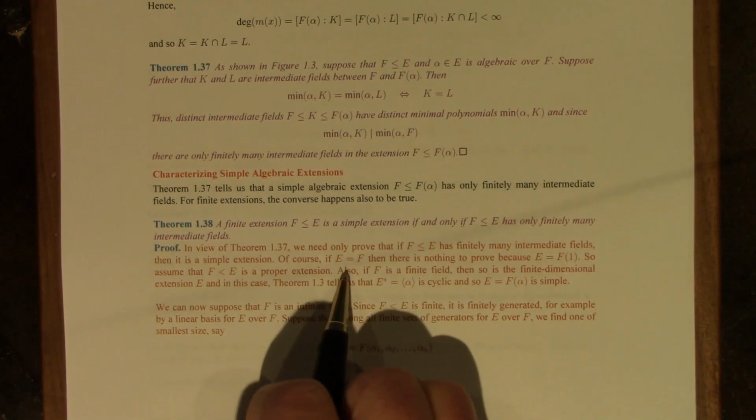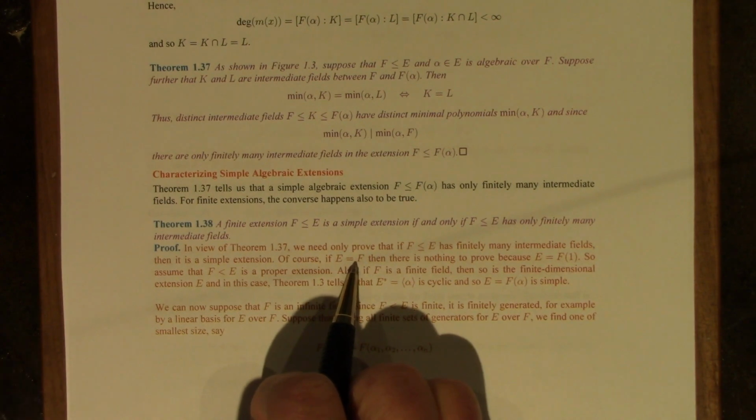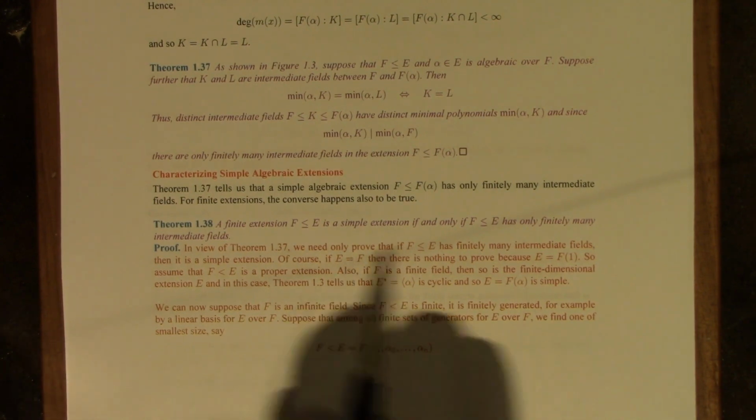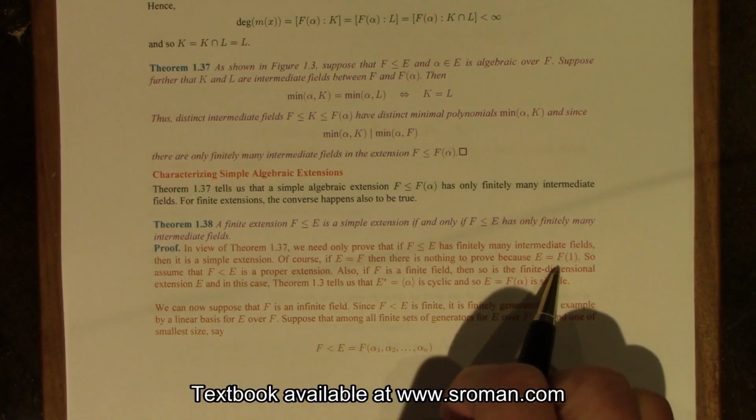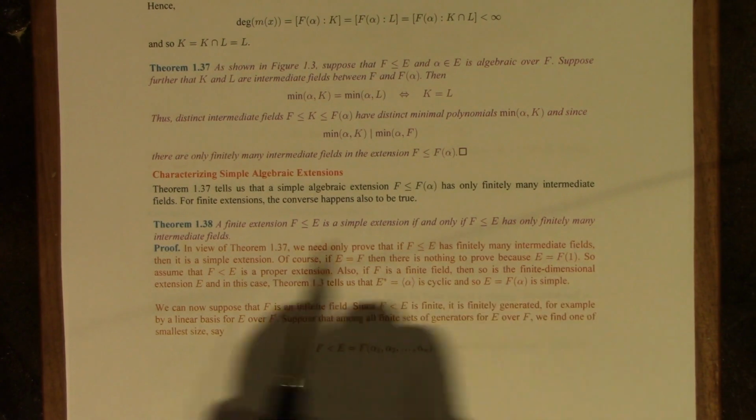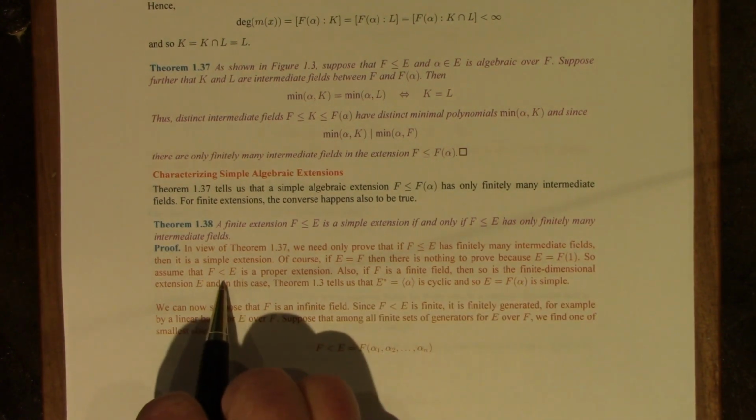Of course, if E equals F, if the extension is trivial, then there's nothing to prove because E is a simple extension. It's F with any element of F adjoined. So we can assume that this is a proper extension.